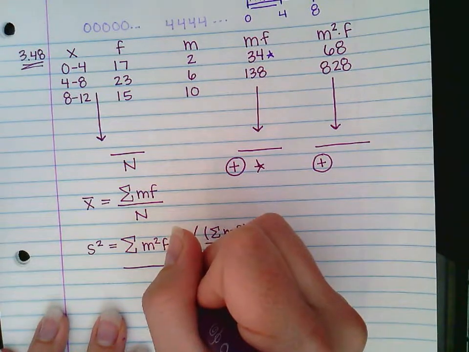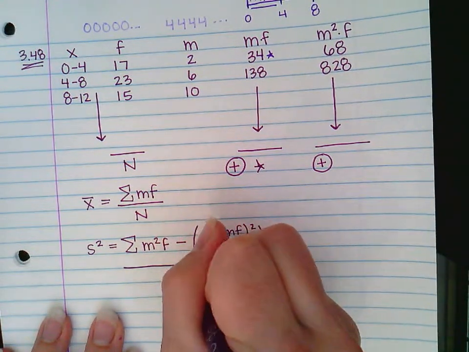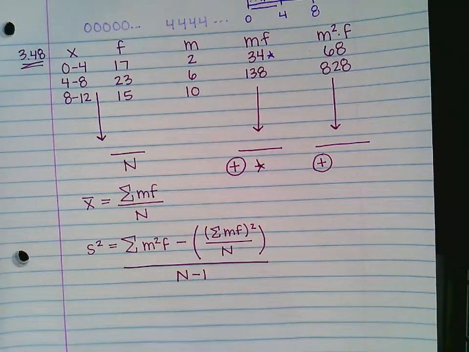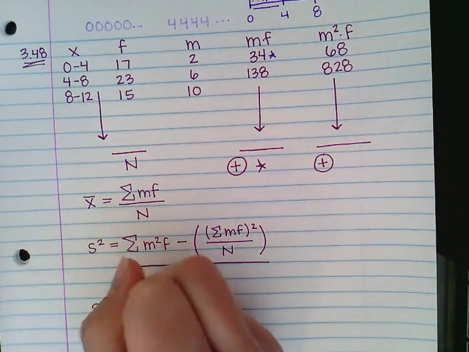I don't think it tells you that in the book. I'm not sure, but you divide that by n minus 1. Okay, and then the standard deviation is the square root of the variance.